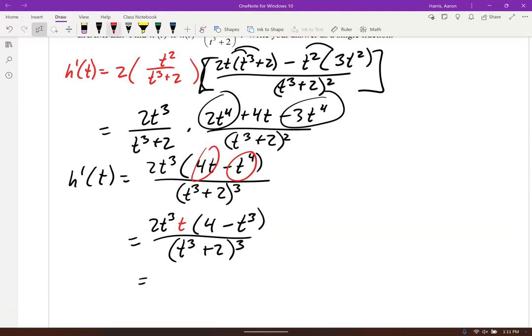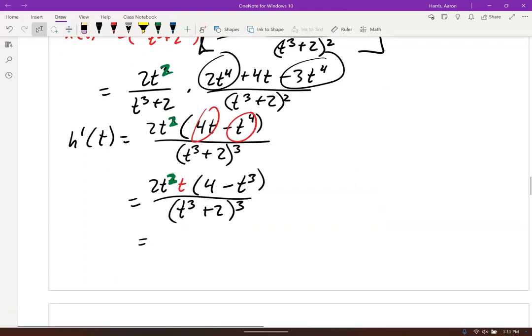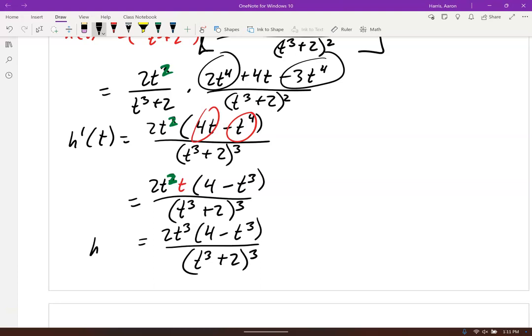Oh my gosh, I'm sorry. That's a squared right there. I'm sorry, you guys. Squared, squared, squared. Sorry about that. So now it's a cube, 2t cubed. And there's your derivative.